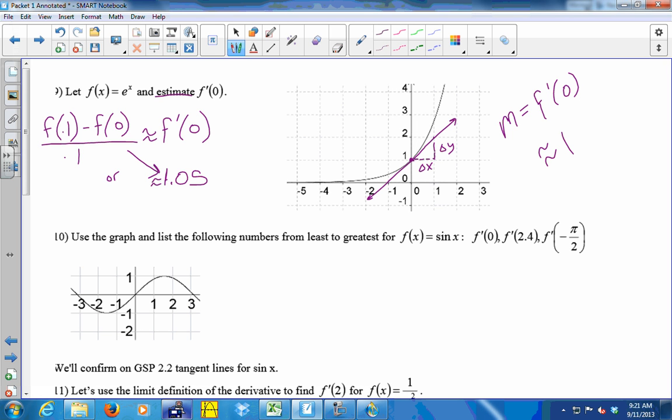What does this numerical approximation, how would I represent that graphically on my picture? So this difference quotient that we calculated, what does that represent graphically?